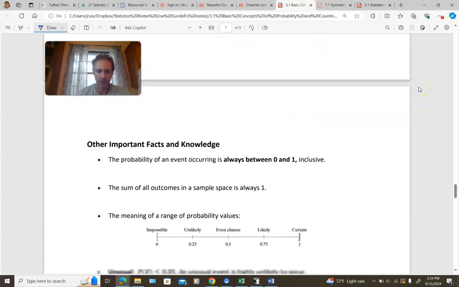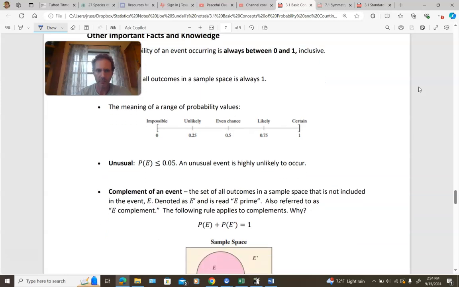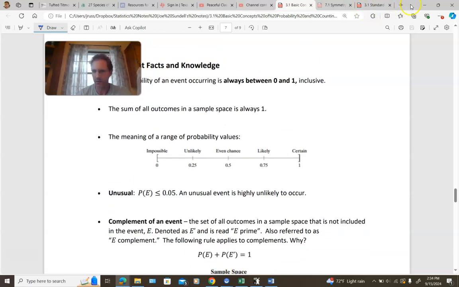Okay, let's keep going. All right, so some other important facts and knowledge that you need to know. I sort of already talked about some of this. The probability of an event occurring is always going to be between 0 and 1 inclusive. So inclusive means that we can include the 0 and the 1.